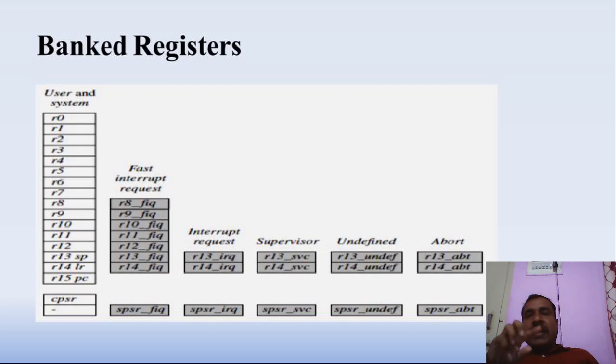That is, R8 in the user mode is replaced by R8 in the FIQ, R9 in the user mode is replaced by R9 in the FIQ, like that up to R14. And while going from user mode to FIQ mode, the CPSR content of user mode is copied into the SPSR of FIQ, so that the environment of user mode can be retrieved while coming back to the user mode. The flags generated in the user mode need to be preserved, and that is preserved in the SPSR of the particular mode.